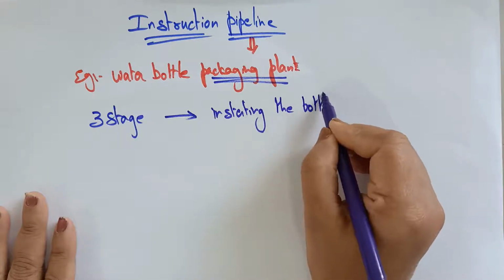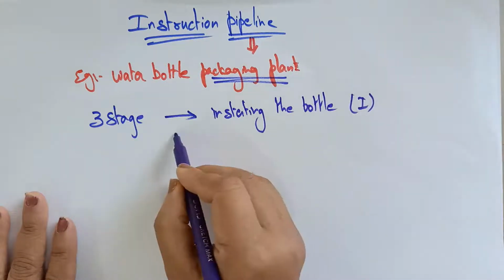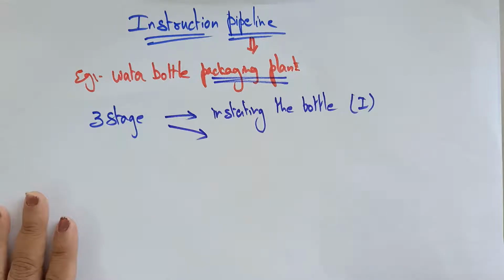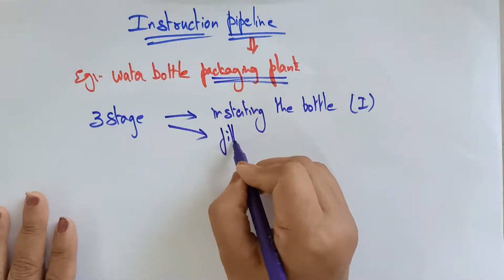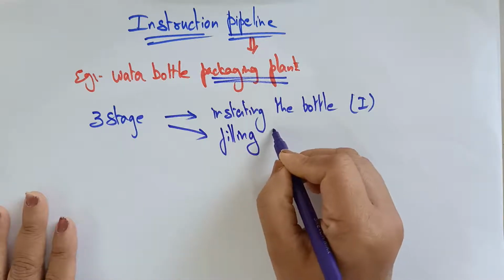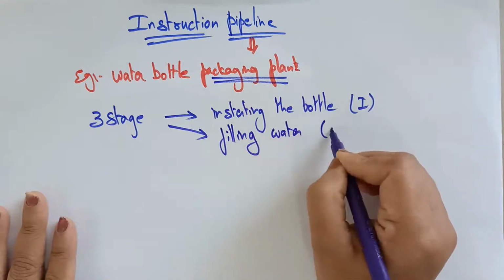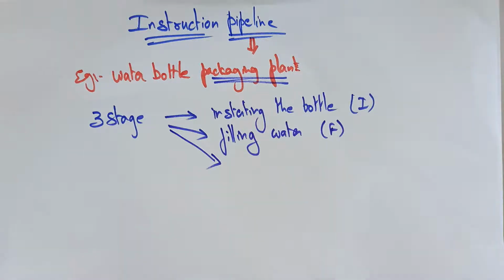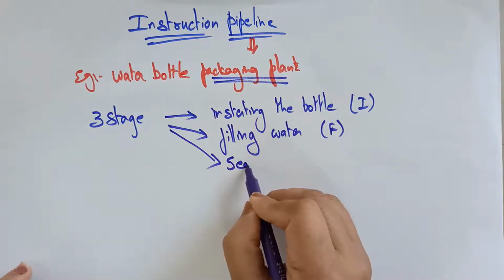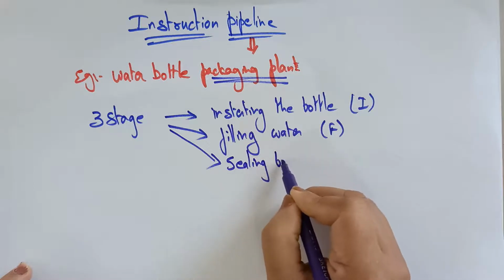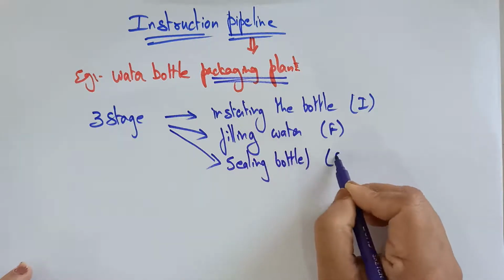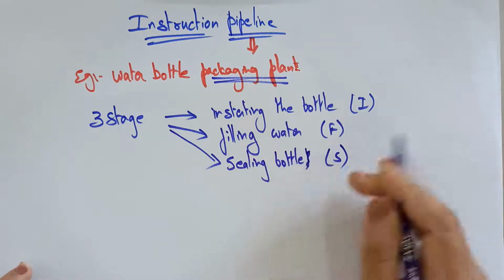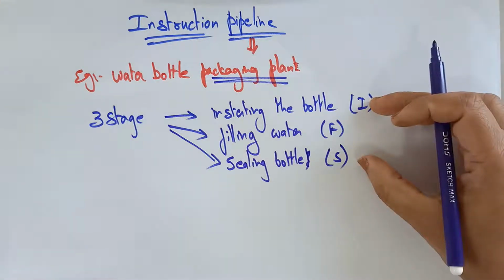Inserting the bottle, let's call it I. In the next stage, they are filling the water. Let's call it F. And in the third stage, they are sealing the bottle. Let's call it S. So these are the three stages that this water bottle packaging plant consists of.